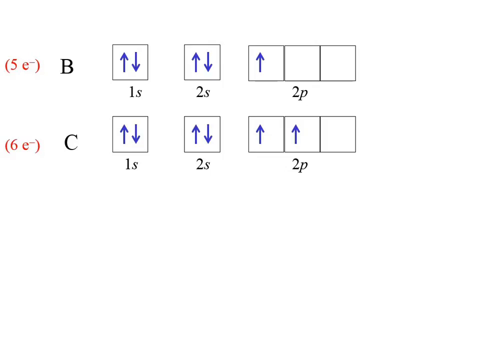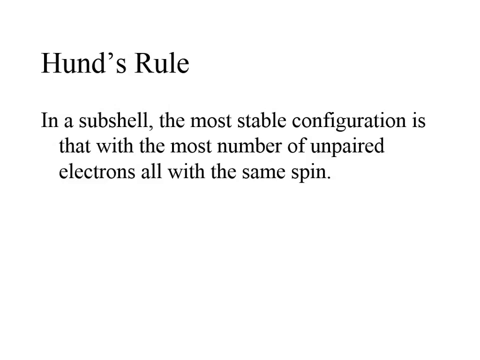So now, on the next slide, finally, I say what I've been saying for a little bit. Why do they spread out? It's according to what's called Hund's rule. That is the spread out rule. Spread out if you can.